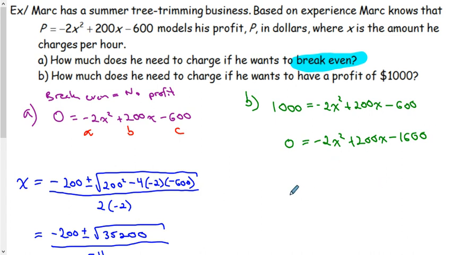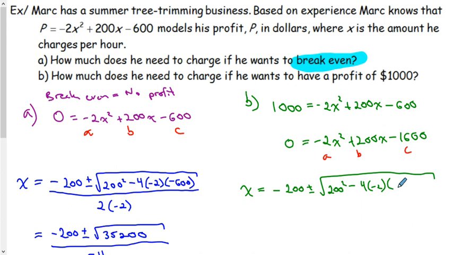Okay, quadratic formula says x is going to be equal to, let's write in our a, b, and c, negative b plus or minus the square root of b squared, so 200 squared, minus 4 times a times c, all over 2a.